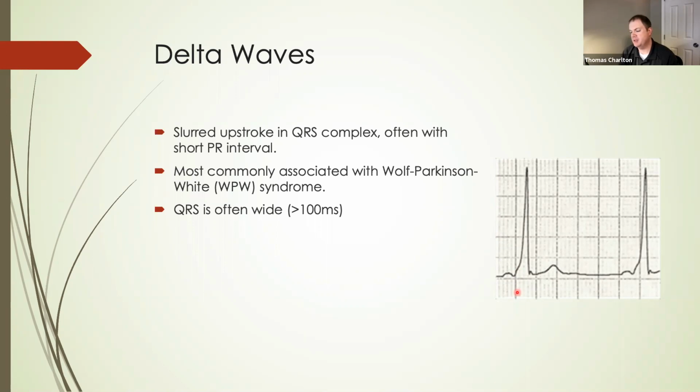What'll happen with these folks that have Wolff-Parkinson-White is, unfortunately, that accessory pathway will sometimes lead to them having SVT. However, this SVT is different. If we give them adenosine, we block off the AV node. And so the only thing that is then essentially carrying the electricity out to the rest of the ventricle is the accessory pathway.